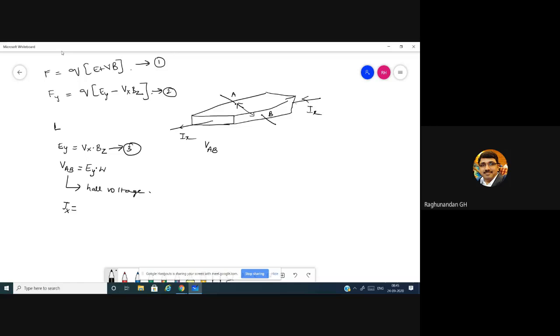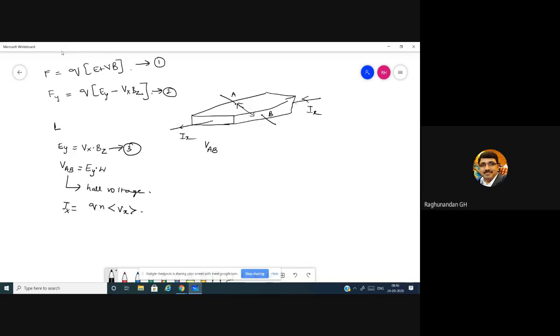Already we have derived one equation: Qn into Vx. Since we are taking average drift velocity, we will be putting the triangular brackets.